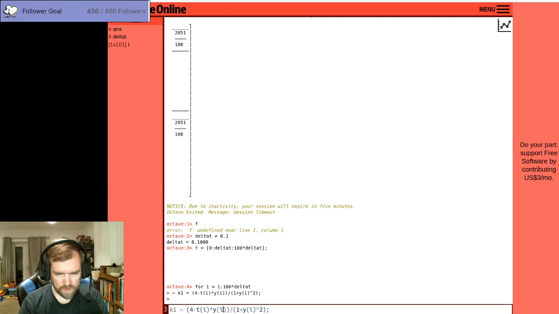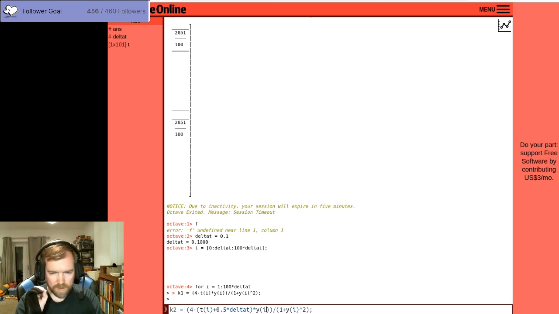We want k2 to be 4 minus t sub i plus 0.5 times delta t. That's not it. Pull the t value and then add half of delta t.